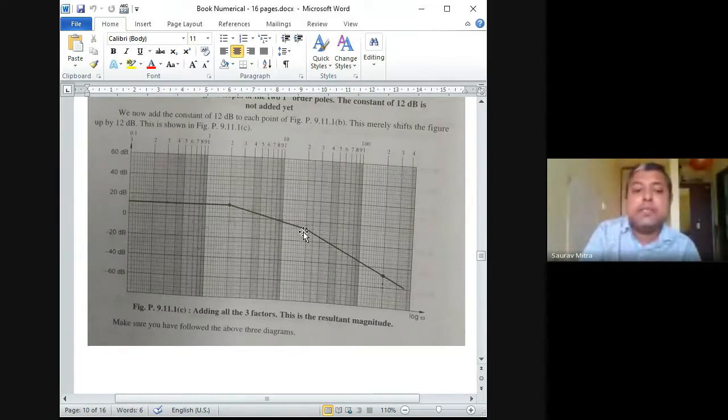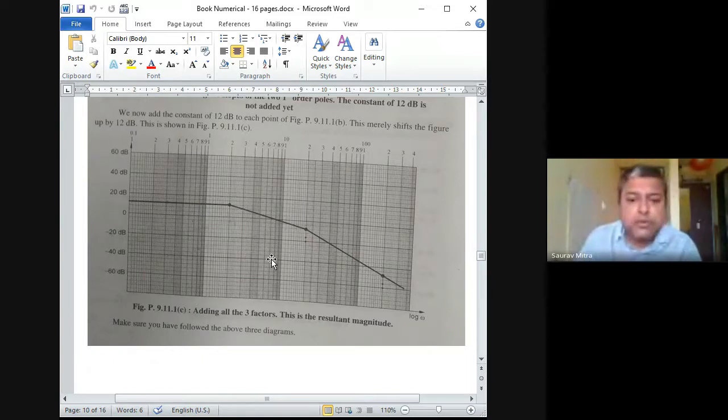Sorry, this point was 20 comma minus 8, and 20 comma minus 8 will become 200 comma minus 48. So that is this line. This slope is minus 40 dB per decade, and this slope will be minus 20 dB per decade.